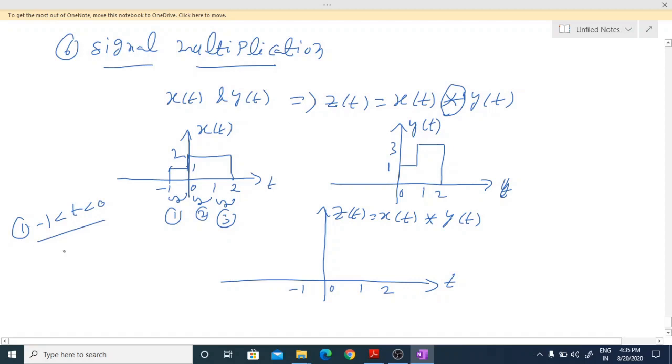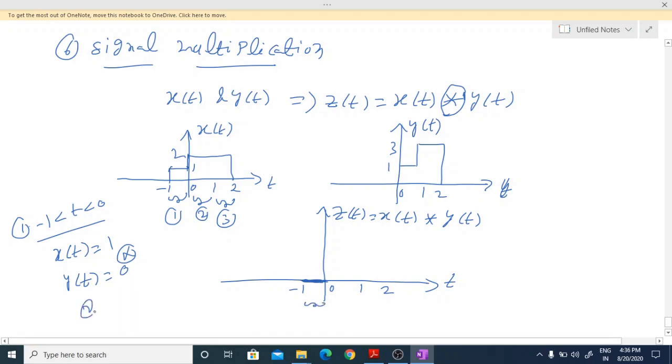In this region, the amplitude of x of t is equal to 1 and the y of t amplitude is equal to 0. If I multiply these two, 1 and 0, we get amplitude 0. So we just draw 0 in between -1 to 0 in the z of t signal.